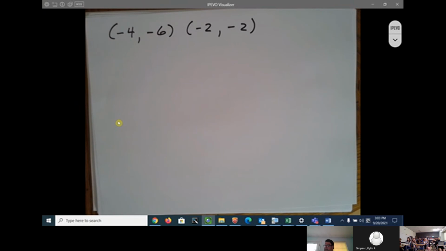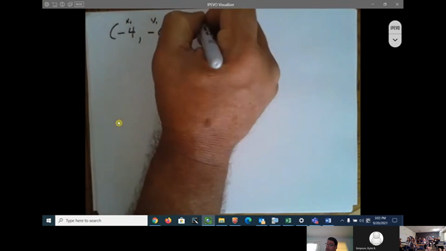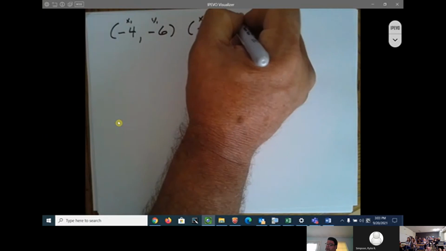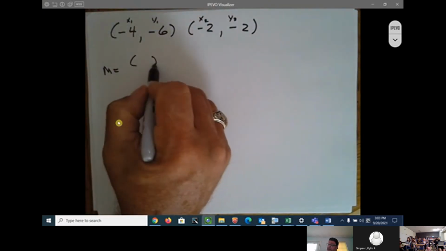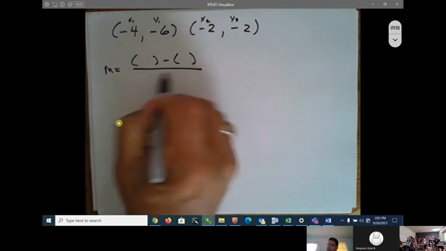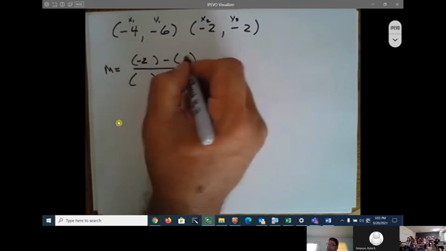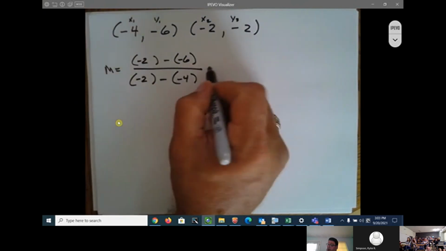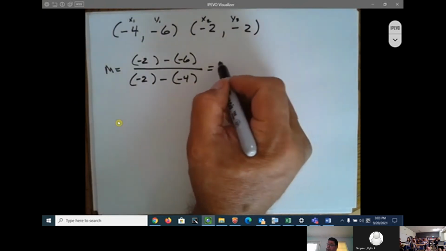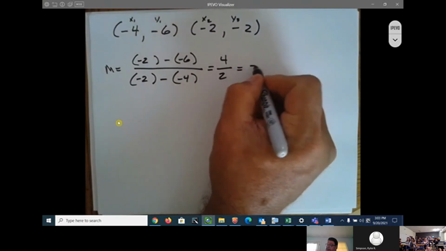All right, so x sub 1, y sub 1, x sub 2, y sub 2. m is equal to y sub 2 minus y sub 1 over x sub 2 minus x sub 1. Negative 2 minus negative 6, over negative 2 minus negative 4. So our slope is equal to what? 4 over what? 2, which is 2.